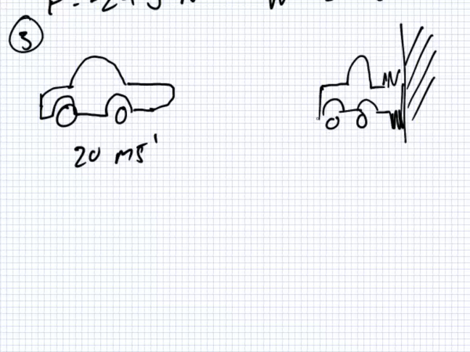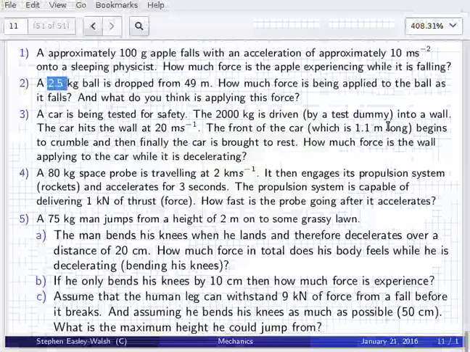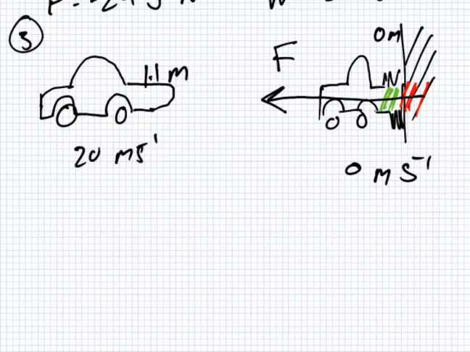You see that? So it's 0 meters per second. So while the car is touching the wall, it is given a huge force to the left to slow the car down. And I tell you also that the front of the car is 1.1 meters long. And then afterwards there's no car front left.